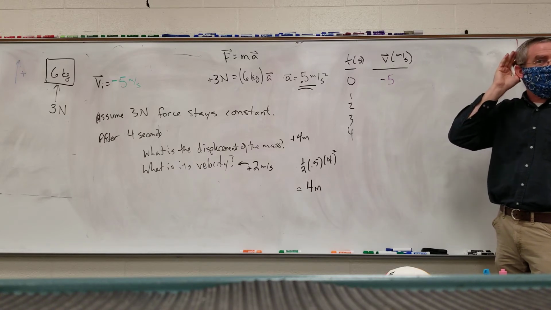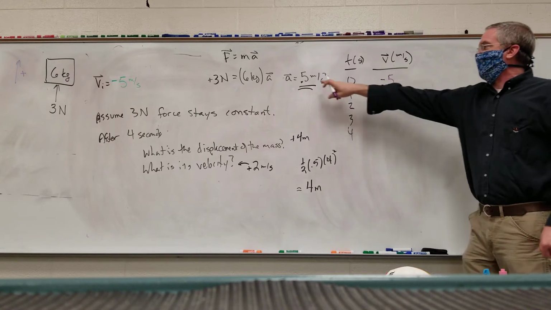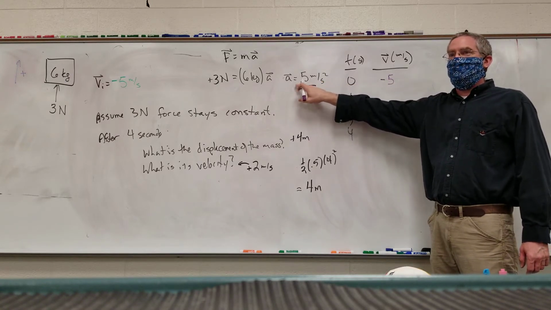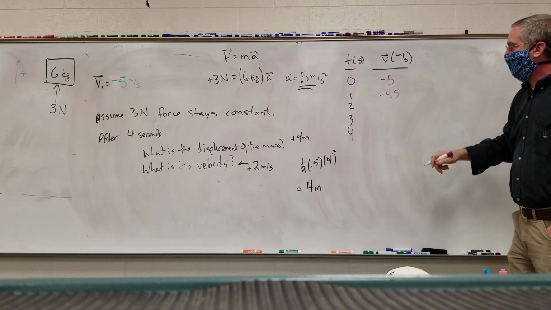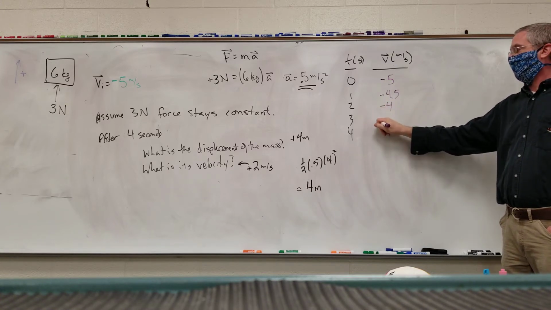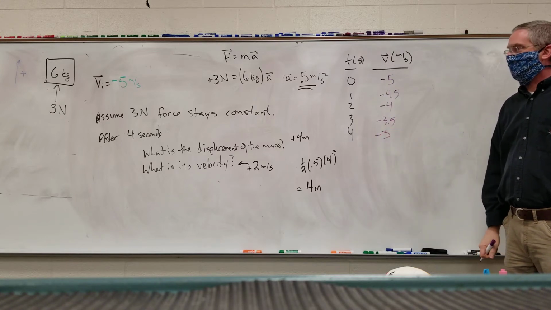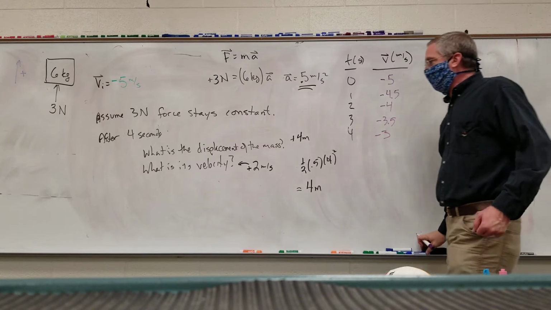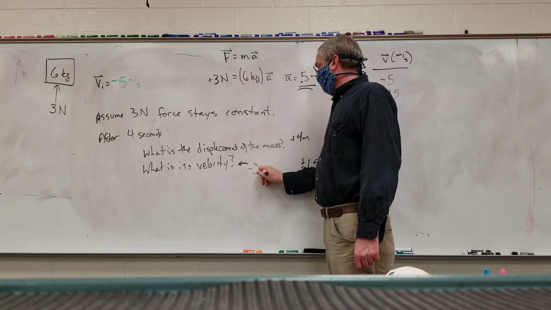I just did this because I didn't quite hear. Negative 4.5, because we're adding 0.5 every single time. This is positive. So -4.5. It's also slowing down. And then negative 4, negative 3.5, negative 3. So we now know what the velocity is: -3 meters per second.